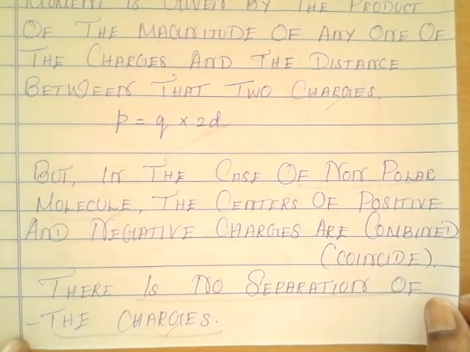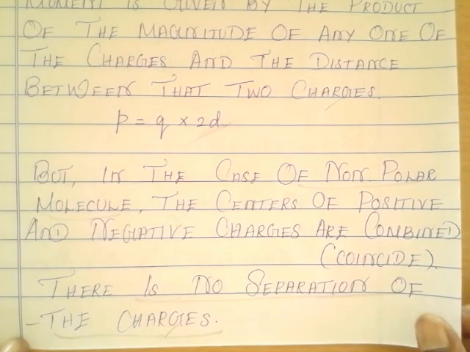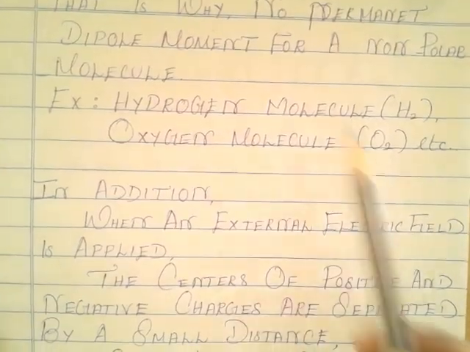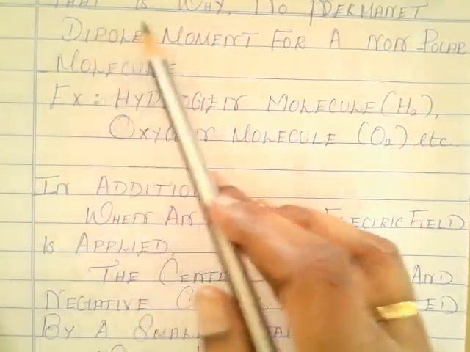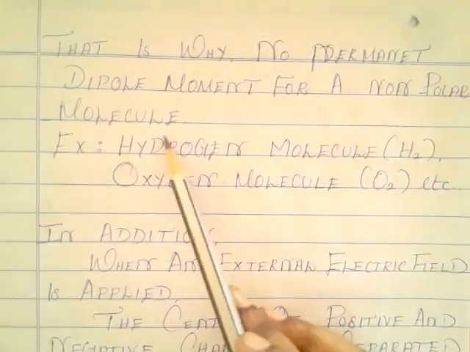So the non-polar molecules do not have a permanent electric dipole moment. That is why there is no permanent dipole moment for non-polar molecules.